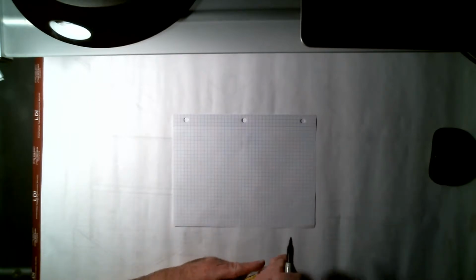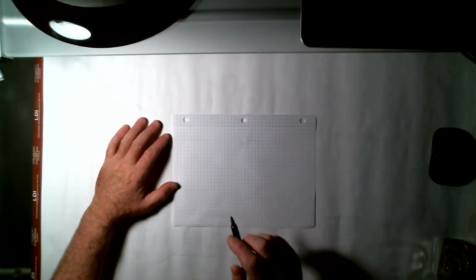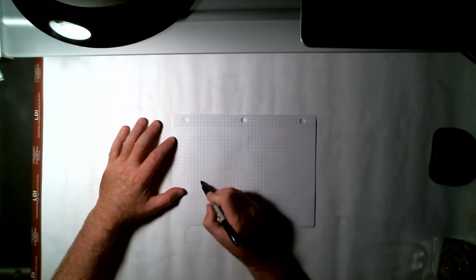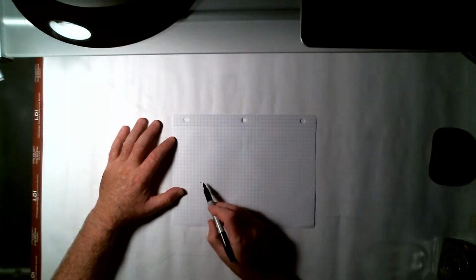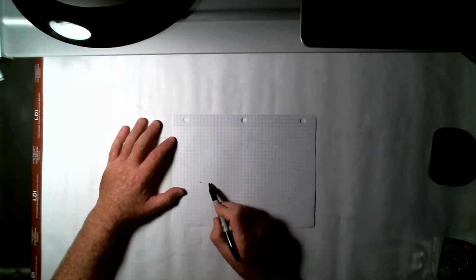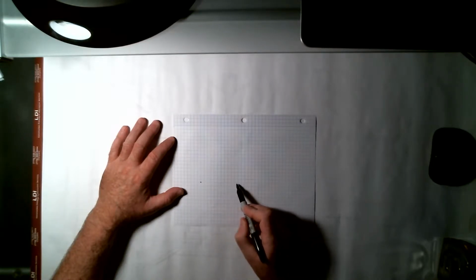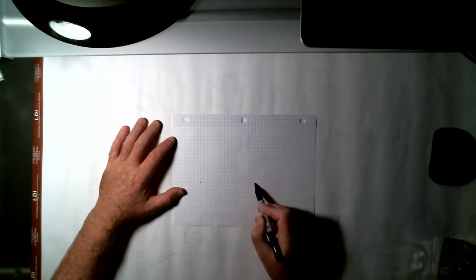I want to talk about breaking the inch down. So the inch is broken into, we're gonna go to 16 divisions. So if we create this, I've got this grid paper. We'll go 1, 2, 3, 4, 5, 6, 7, 8, 11, 12, 13, 14, 15, 16.